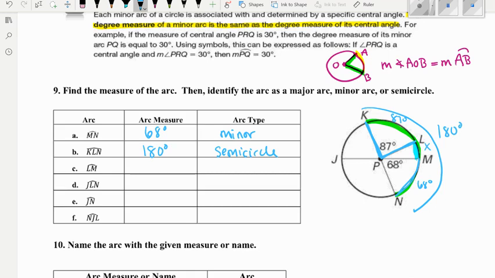So we would have 87 degrees plus x plus 68 degrees is equal to 180 degrees. So we would get x plus 155 degrees equals 180 degrees. And then when you subtract, you get x is equal to 25 degrees. So this would be 25 degrees. And of course, that is a minor arc.